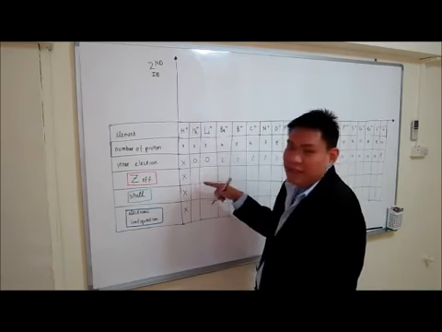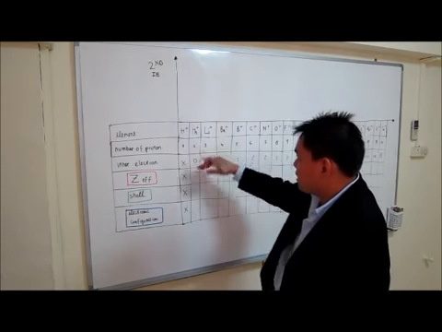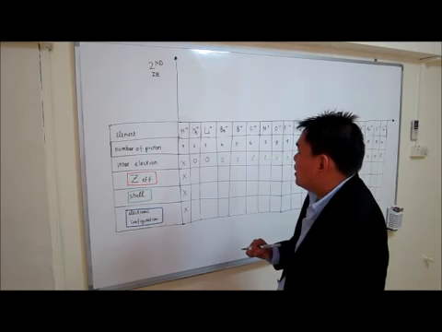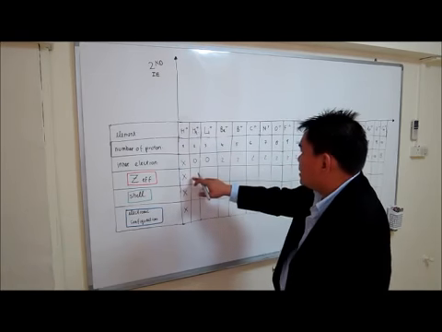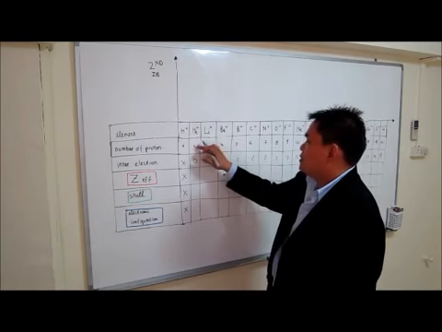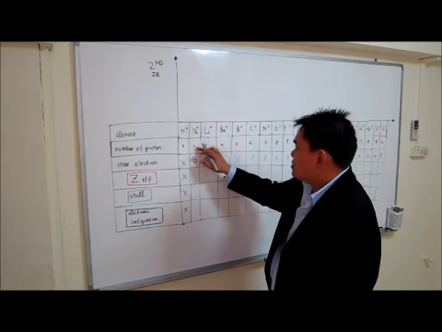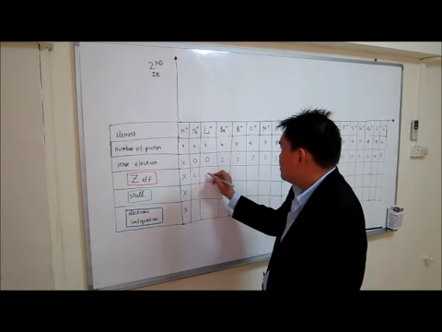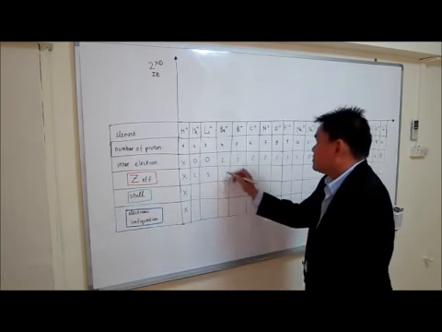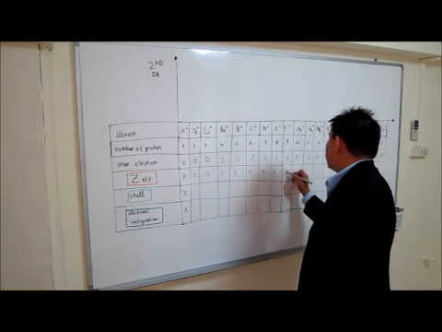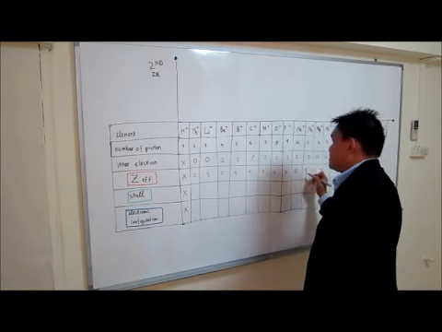Why do we need to fill up this inner electron? It is to help us to find effective nuclear charge for all the elements. And to do that is very simple. You just subtract inner electron from the number of protons, so it's easy for us to do. 2, 3, 4, 5, 6, 7, 8, 9.